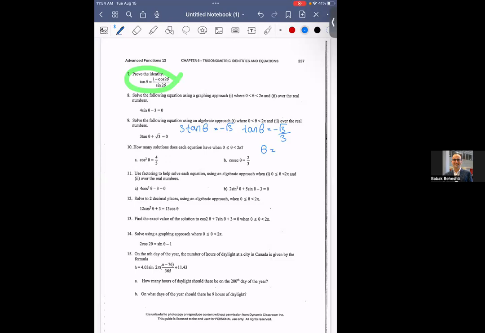I mean pi minus pi over 6 or pi minus pi over 3. What is theta if tangent is minus root 3 over 3? Yes, it's pi minus pi over 6, which is 5 pi over 6, right?